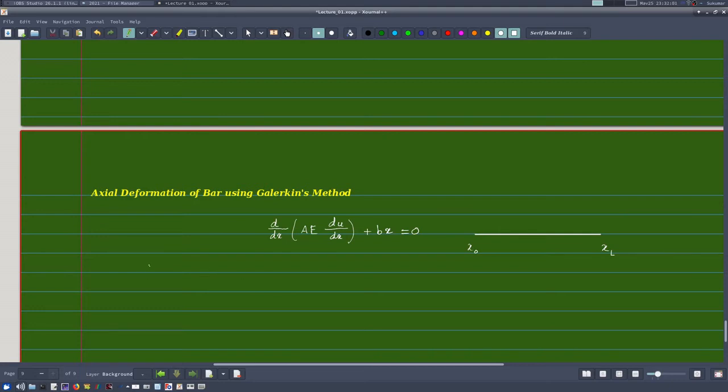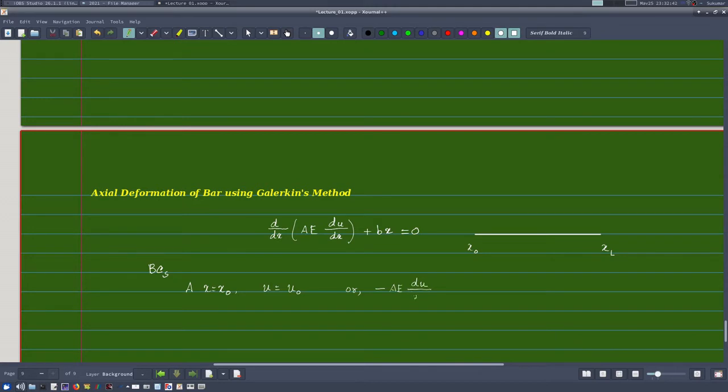So therefore my BCs can be at x equal to x naught we may have either u equal to u naught, or I may have, since my force will be in the opposite direction, therefore minus AE into du dx.